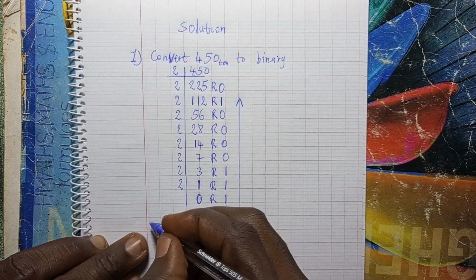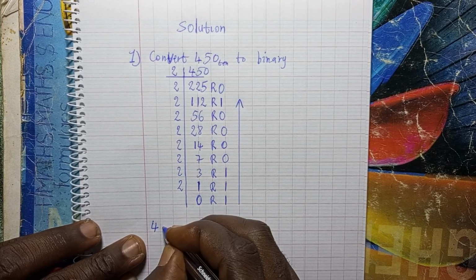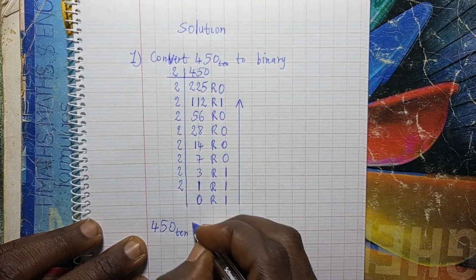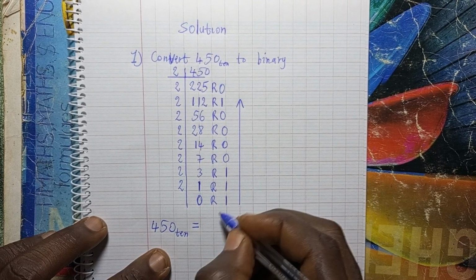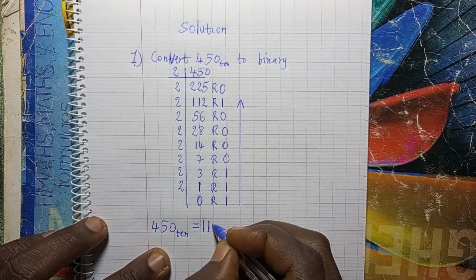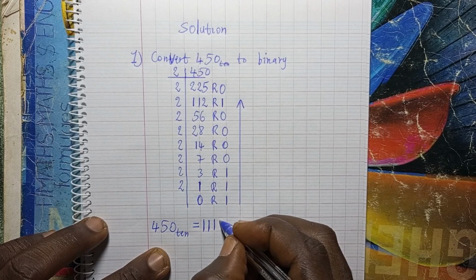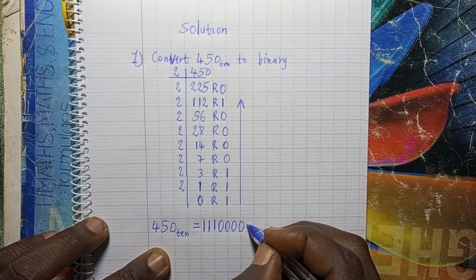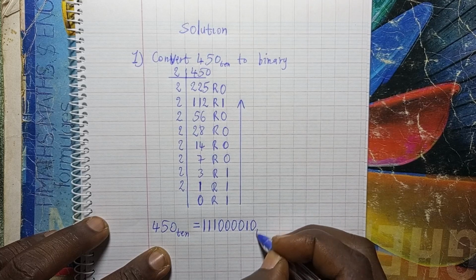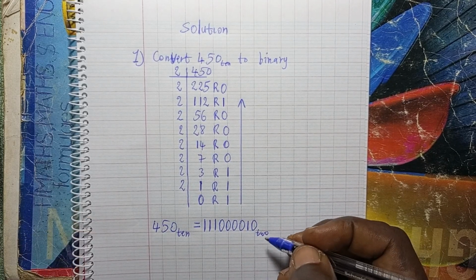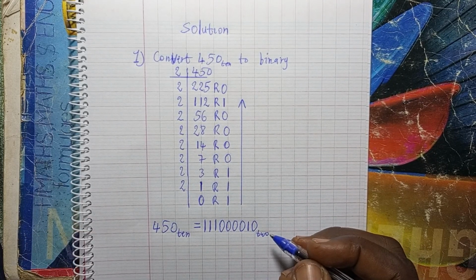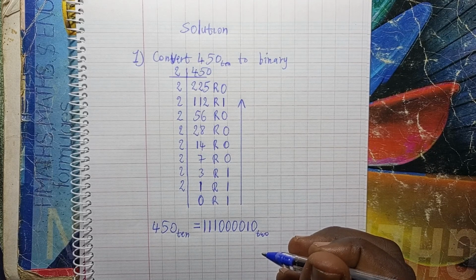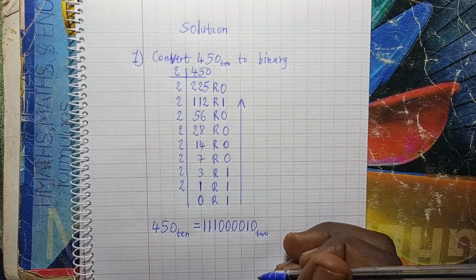So we have 450 base 10 is equal to 111000010 base 2. So that is the answer to number 1A, to convert 450 base 10 to base 2.